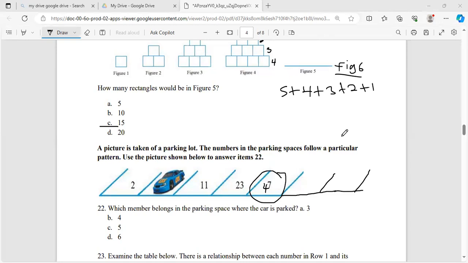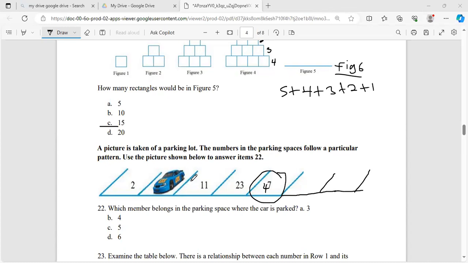If you double 2, you would get 4. So what should be here? I think it should be 5. Alright, explain how you got 5.